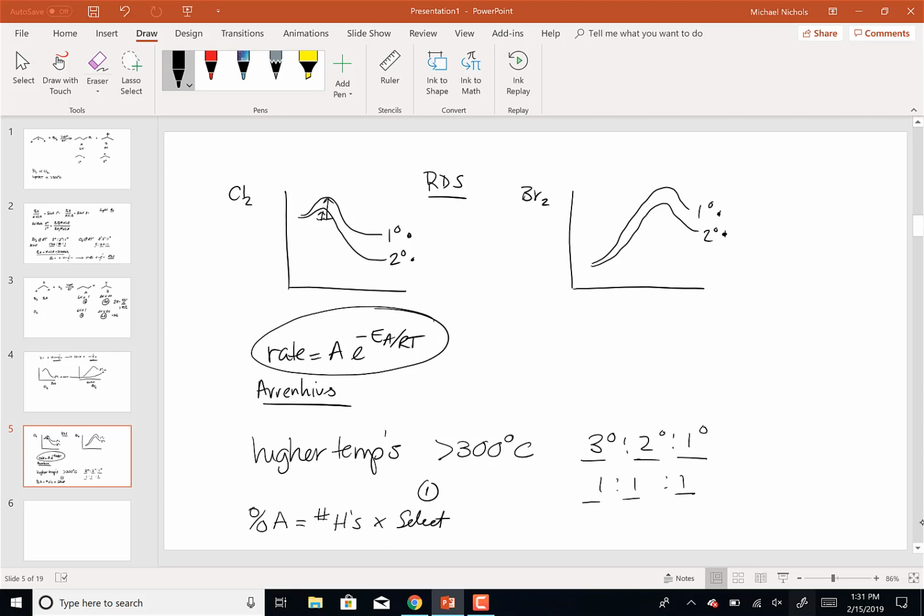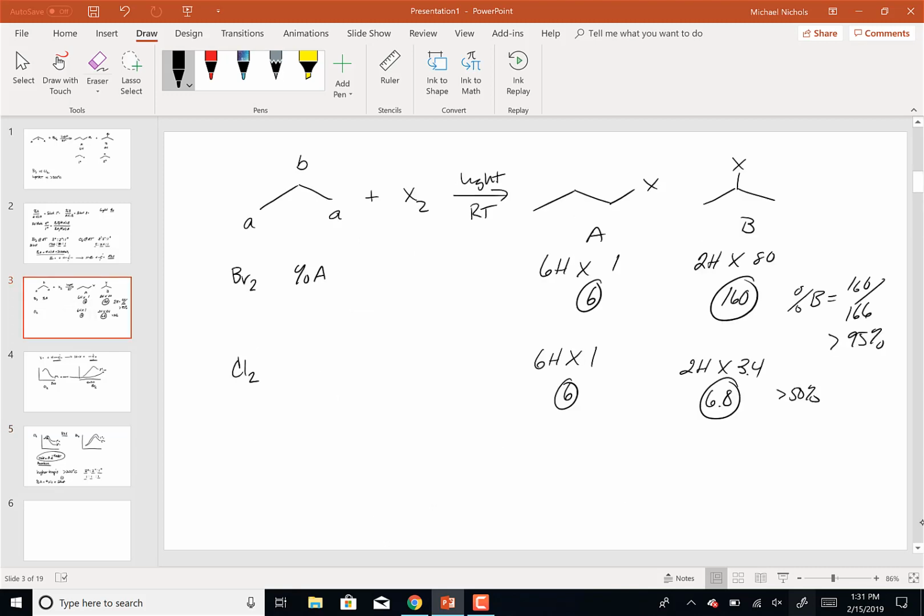Going back to the propane reaction, that means at greater than 300 degrees Celsius, we would have 6 times 1, 2 times 1, and so we would have a 3-to-1 ratio of products A, which would be 75% A and 25% B.